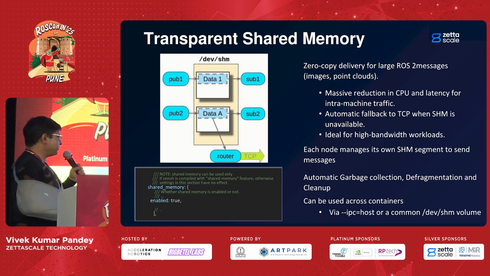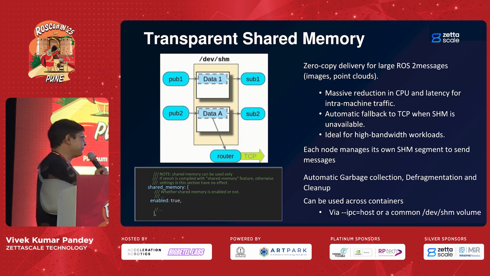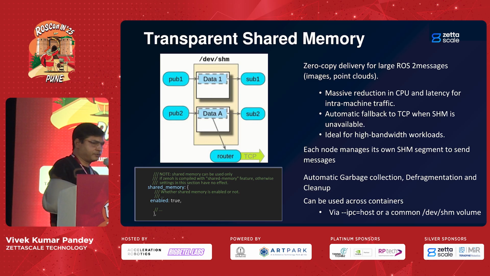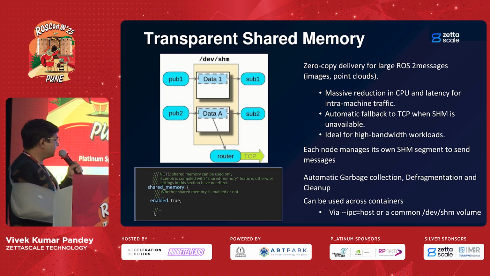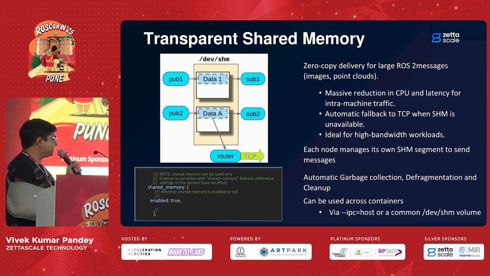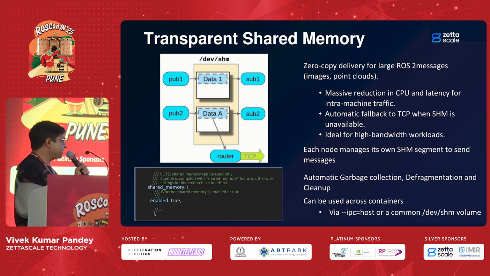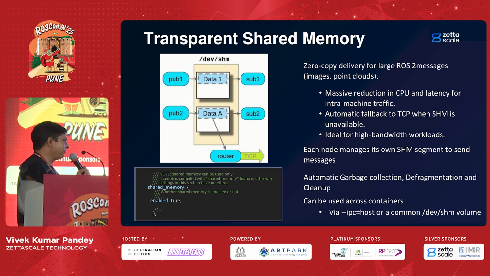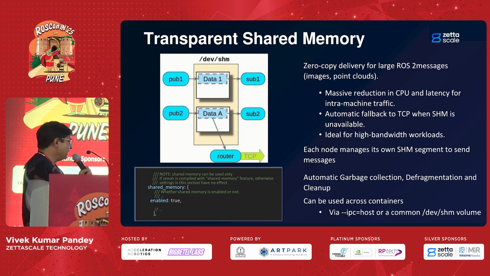If shared memory is not available, or it is not allocated or there is a problem with it, communication automatically falls back to TCP.